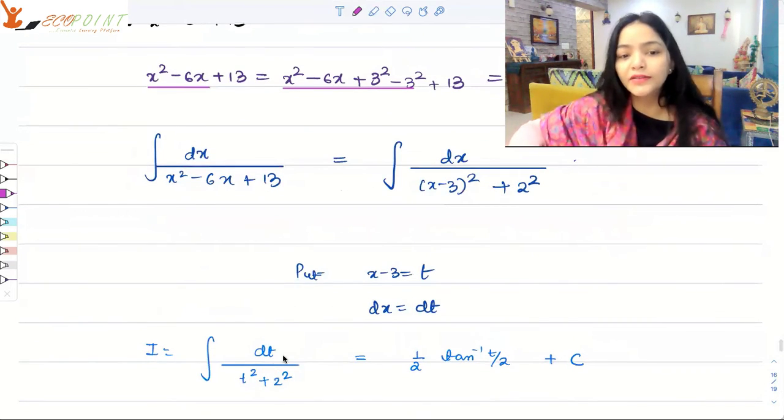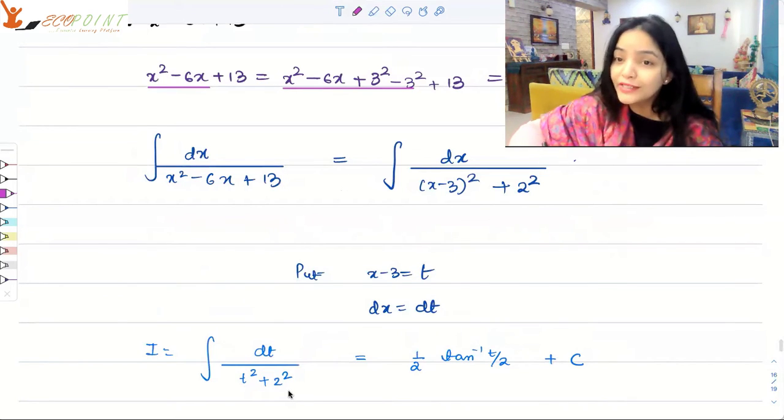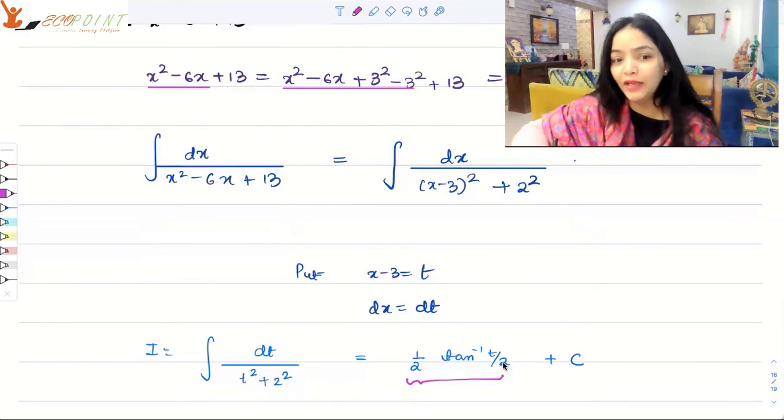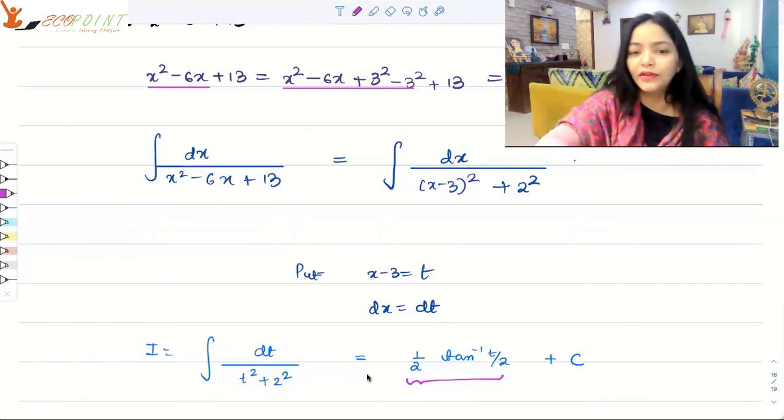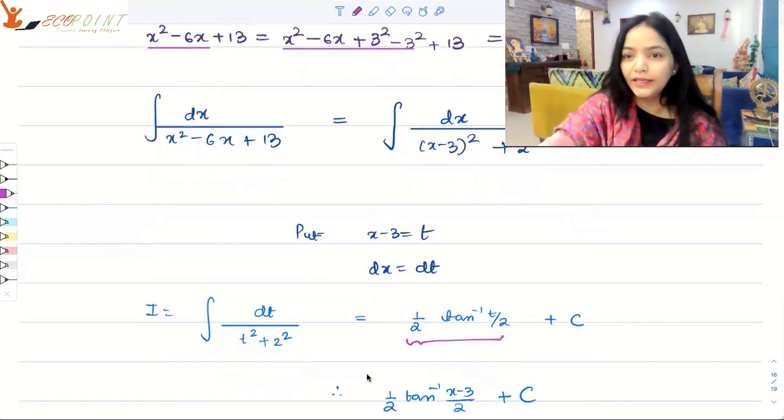And your integral turns into dt upon t square plus 2 square, which is of the form 1 upon x square plus a square, and you get the answer, where a is your 2. So it'll be 1 upon 2 outside and tan inverse t by 2, that is x by a, right?